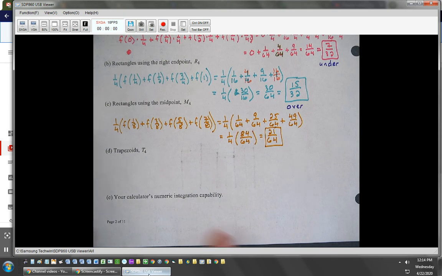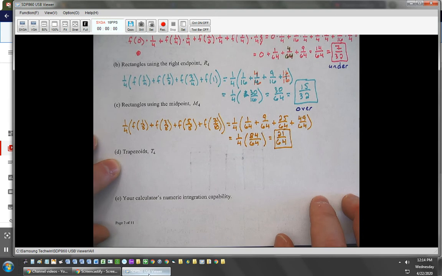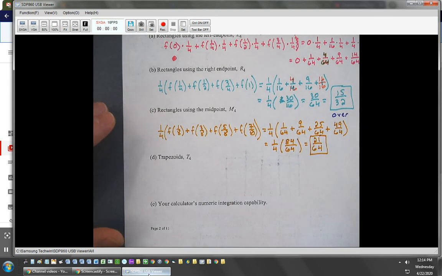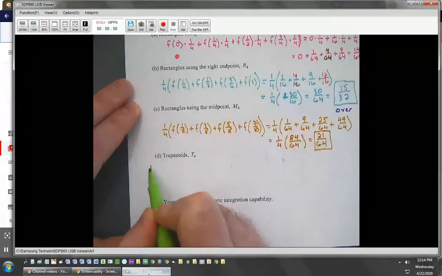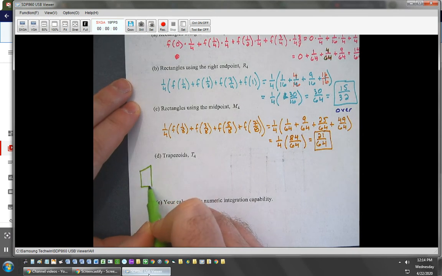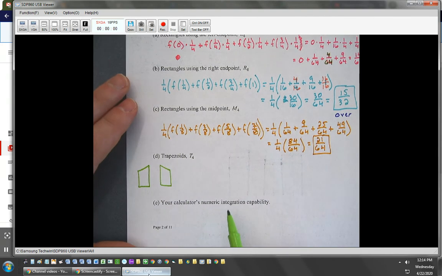All right. So trapezoid rule. Let's remember what a trapezoid looks like. We drew it on the front, but just a reminder. A trapezoid looks something like this, or something like this, depending on whether the function value is higher on the left or on the right.